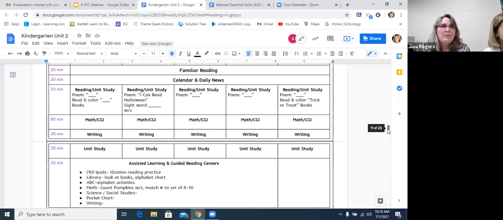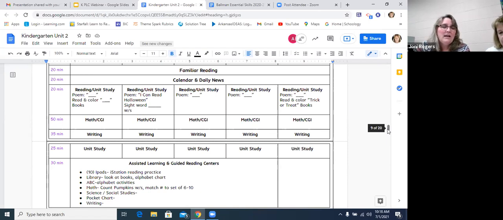We always cover pumpkins. We have a large pumpkin unit, and so we'll have poems that talk about pumpkins. We'll work with our math, our writing, our science and our social studies. Everything is going to be geared around that pumpkin.